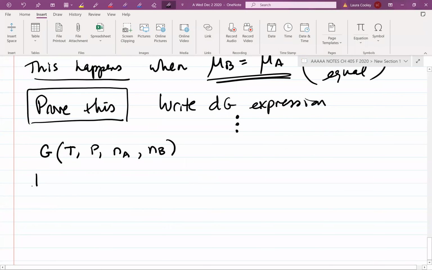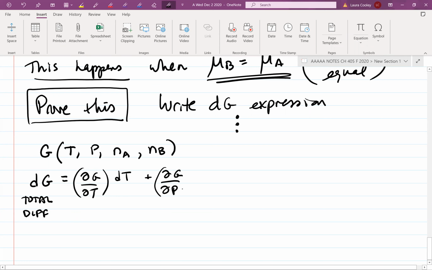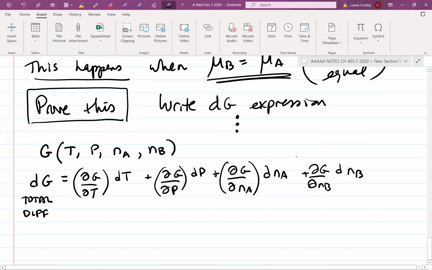So that means that dG, the total differential, is equal to, and here's where I exercise what we learned at the very beginning of the semester, dG/dT dT plus dG/dP dP plus dG/dNA dNA plus dG/dNB dNB.